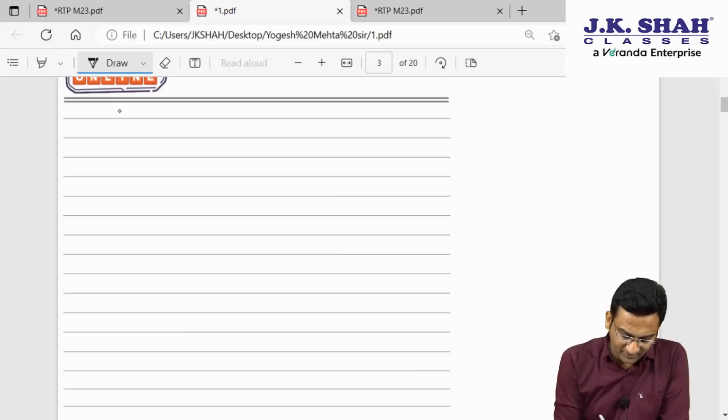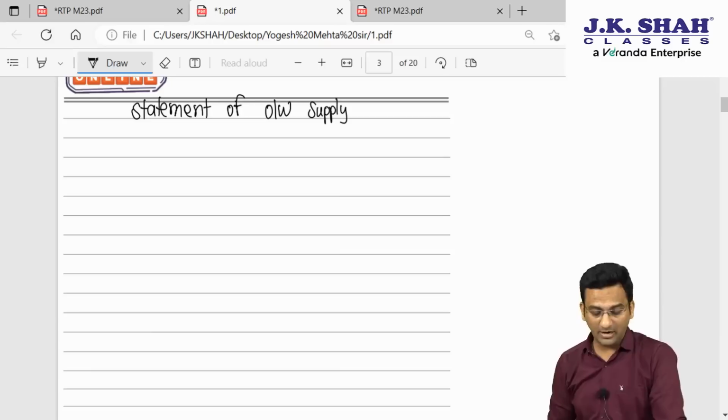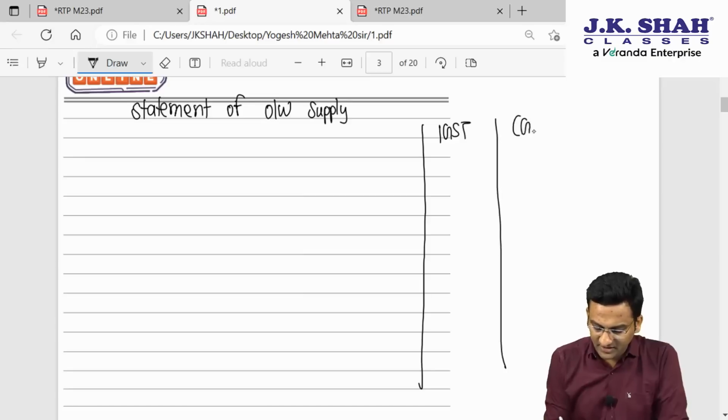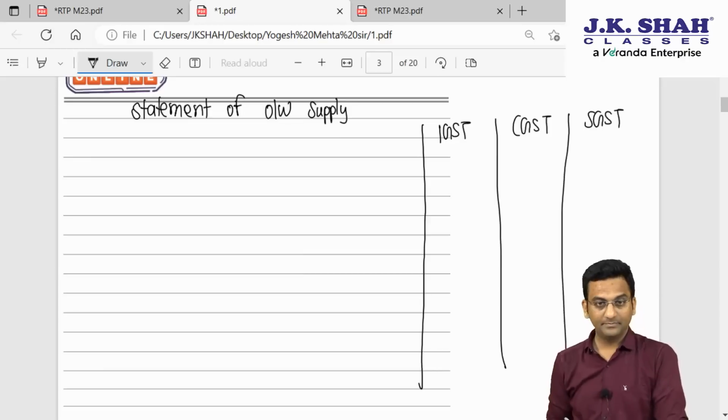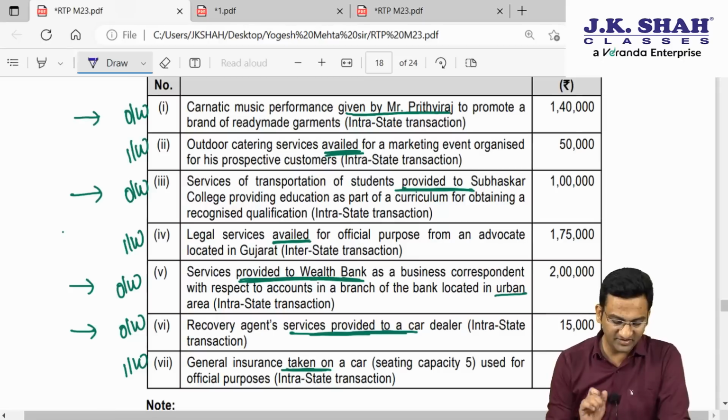So first of all, our statement of outward supply, or tax payable on outward supply, and the taxes will be IGST, CGST, and friends, SGST. Correct, friends?